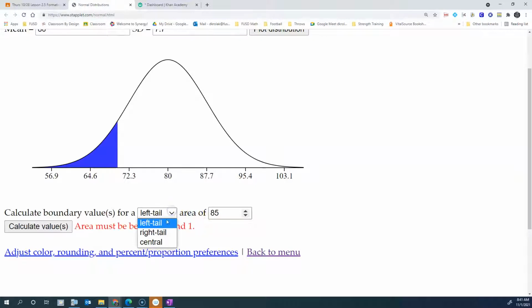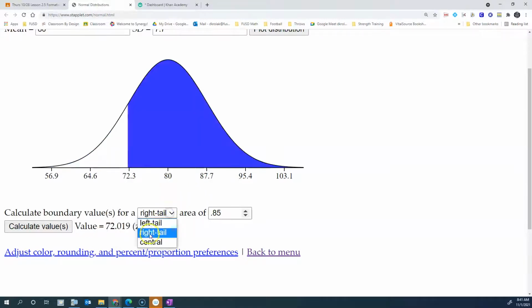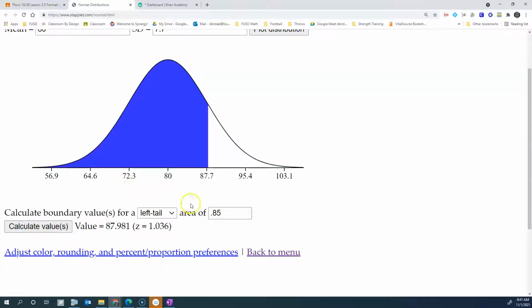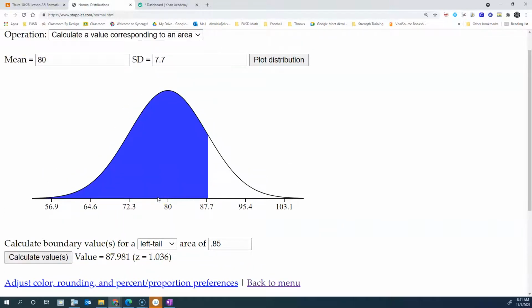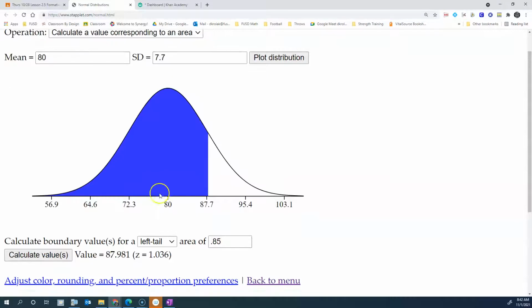So you got left tail, right tail, and you got to put your percentile in as a decimal. This is the 85th percentile. And you can see my value, it's 87.981, which would round to 88. So that's doing it using the applet.